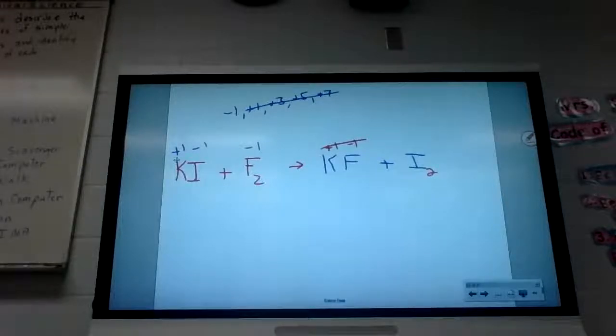Your quiz tomorrow only goes through telling types. You have to be able to do word equations, which was last night's homework, and tell types.